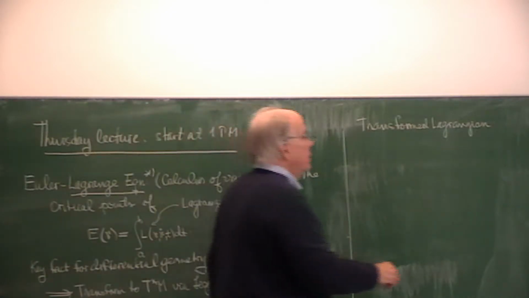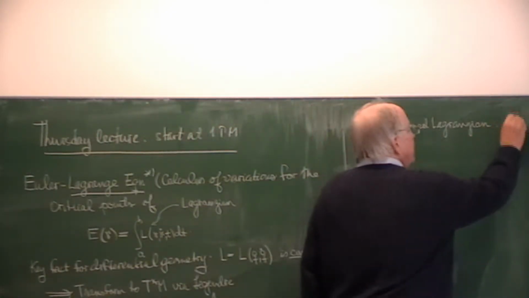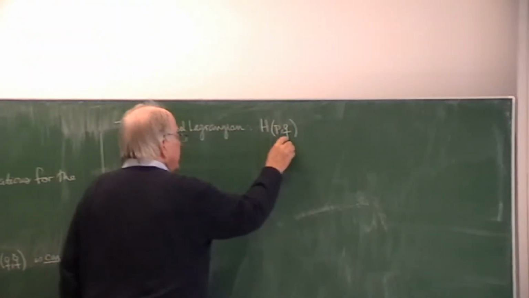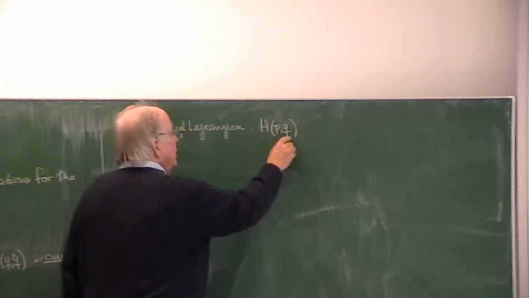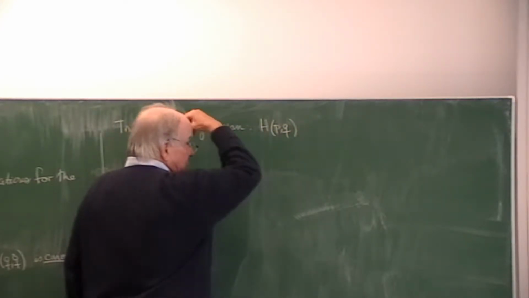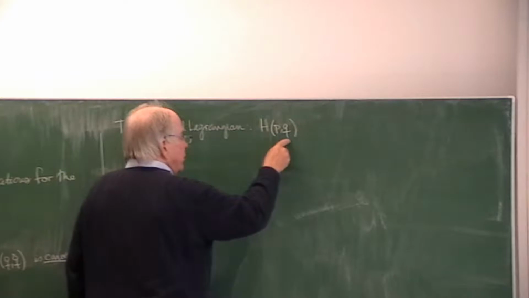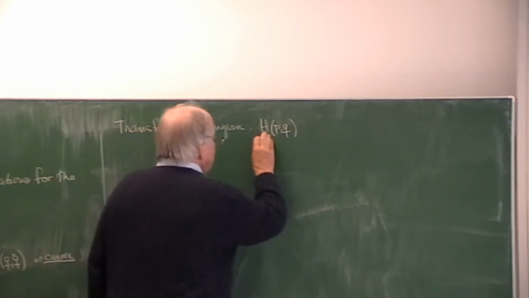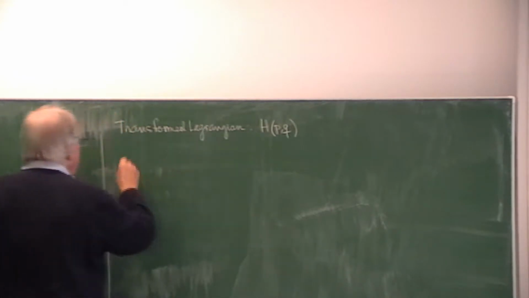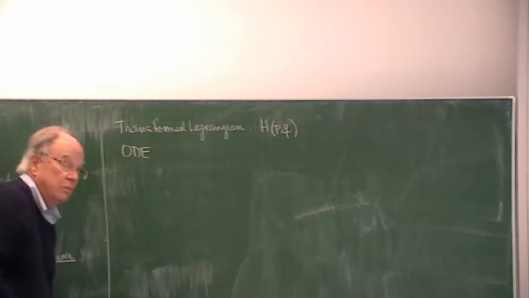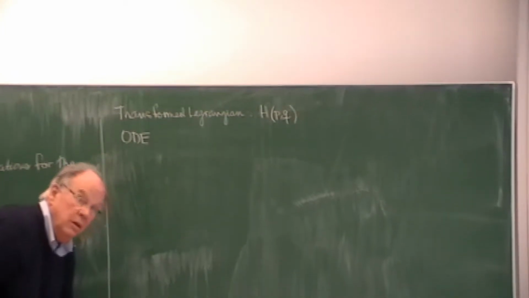The transformed Lagrangian is a function of physics coordinates p and q. So p is momentum, and q is just your coordinate on the base. This is the transformed Lagrangian, and the ODE has become, in some sense, much simpler. So the ODE is now very simple.